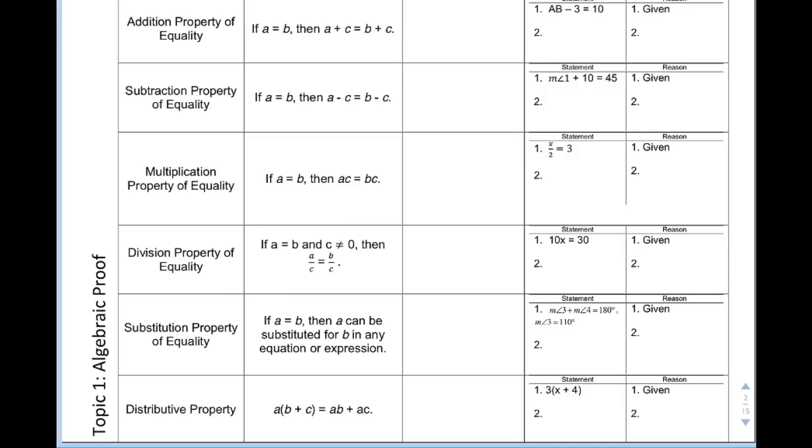So the first one, addition, second one, subtraction. Basically what this is saying is that you are going to add the same thing to both sides. Okay? You're going to add to both sides. And likewise, down here for subtraction, you are going to subtract.